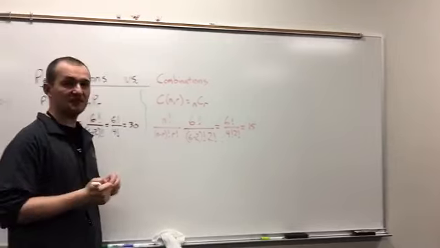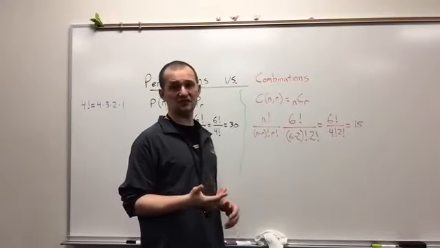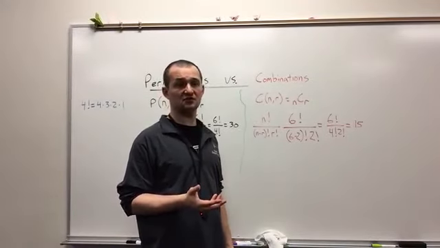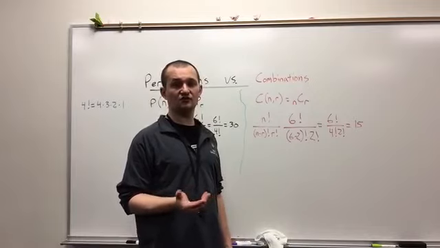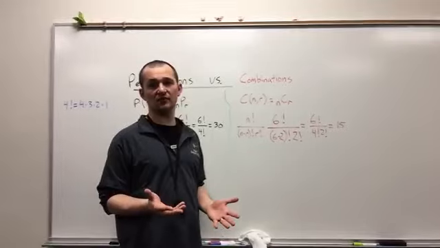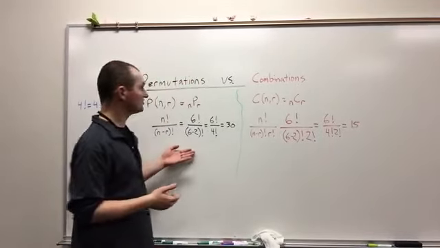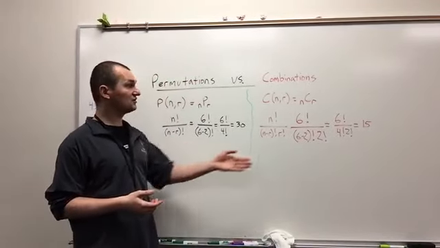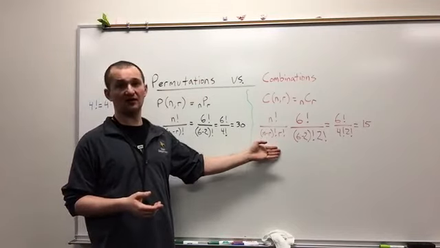So if the order doesn't matter, then we only have 15 different ways of choosing those 2 students as opposed to 30 different ways. So again, just to reiterate, the most important thing here is that with permutations, the order will matter, whereas with combinations, the order does not matter.